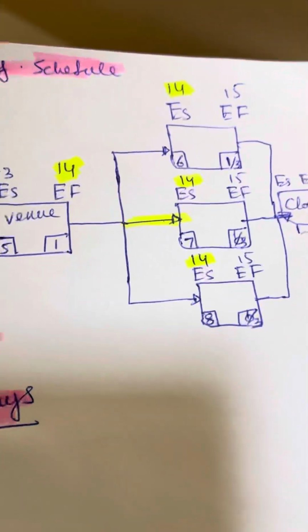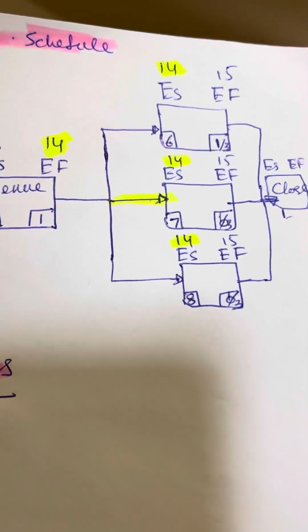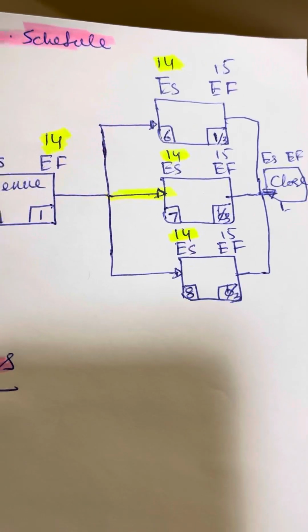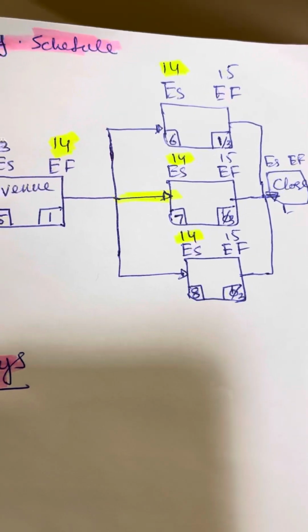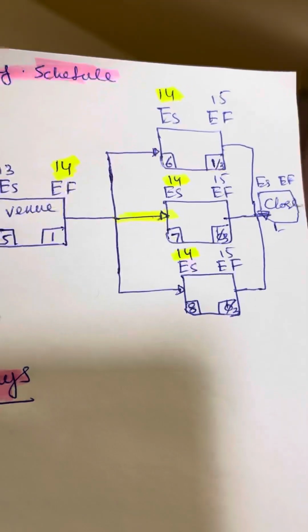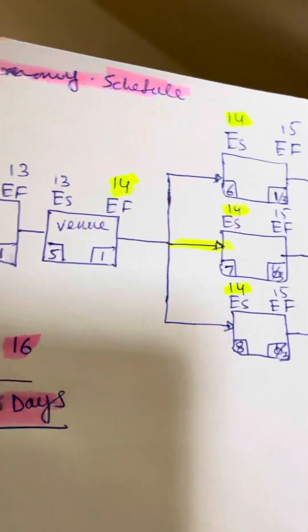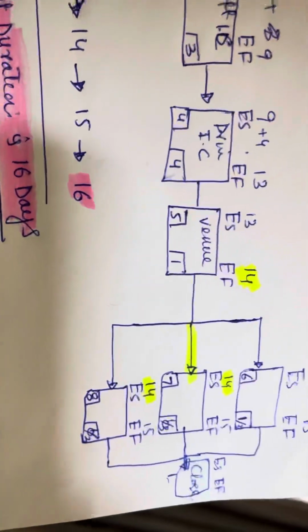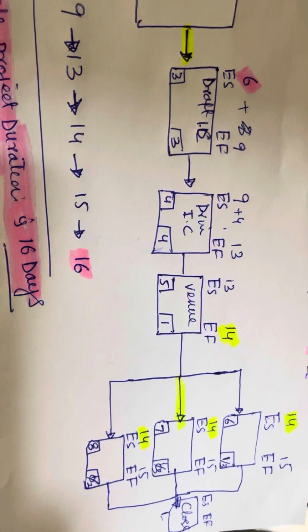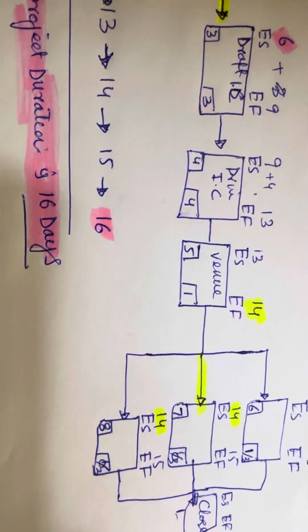Let's say the project is 16 days. So the latest finish per activity for the last activity is 16. So 16 minus 1 is 15. So the latest finish for the last activity will be the latest start for the closing activity, which will be day 15.